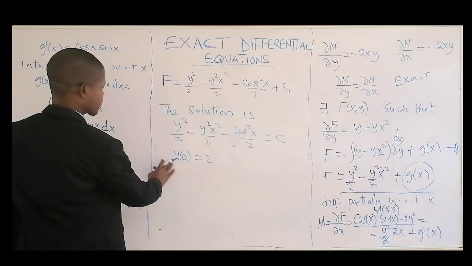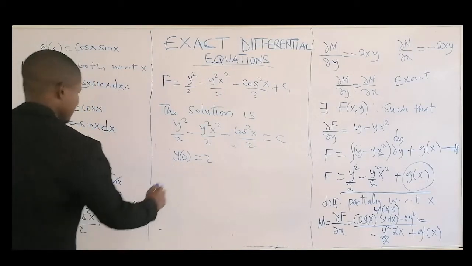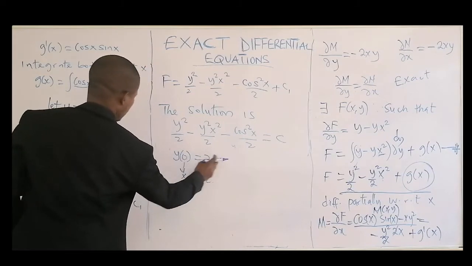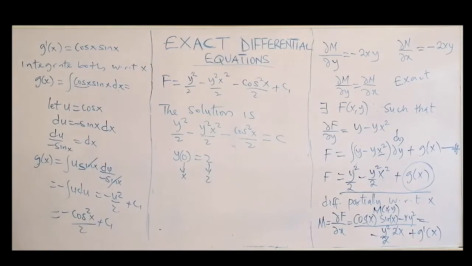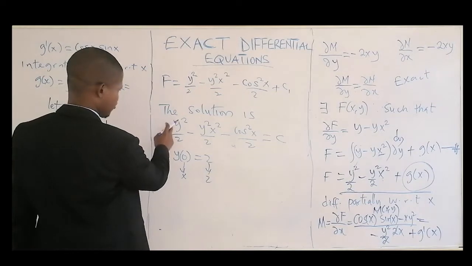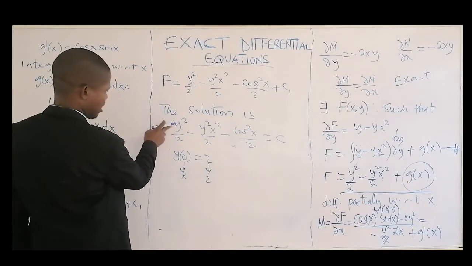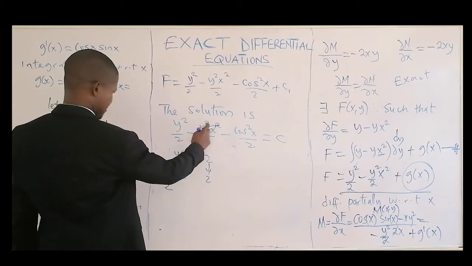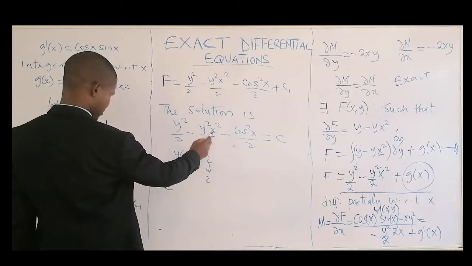This is x, this is y. When x is 0, y is 2. Let's plug in there. This is 2, this is 2 squared, that's 4 over 2, that's 2. This one becomes 0, 4 times 0, that's 0.